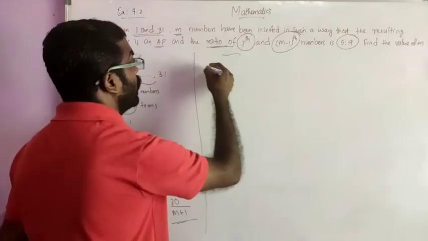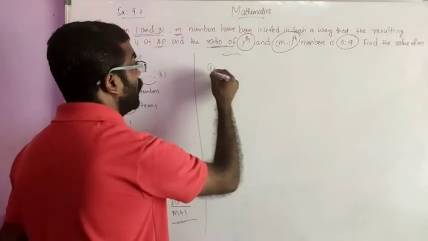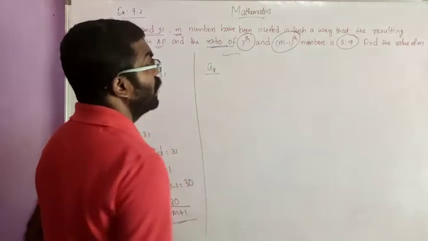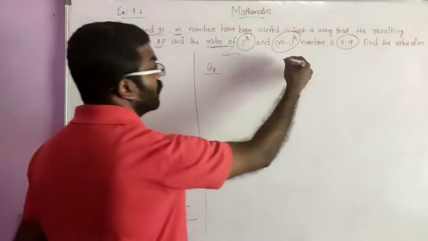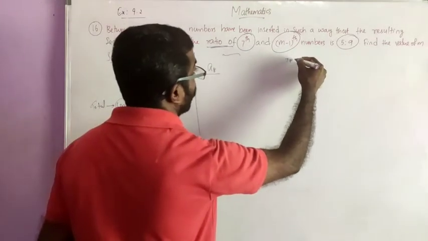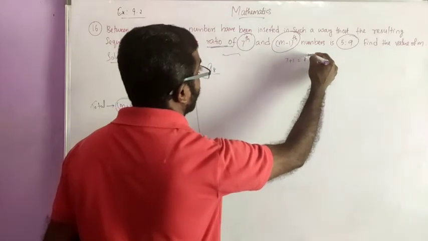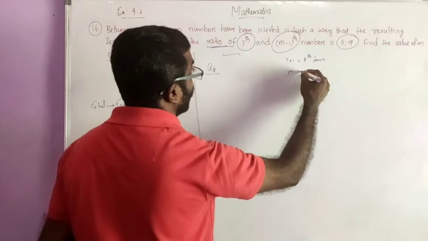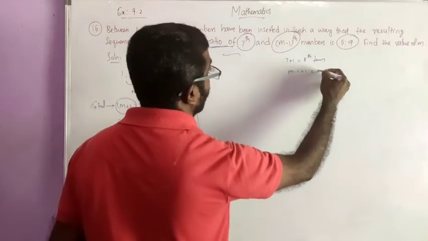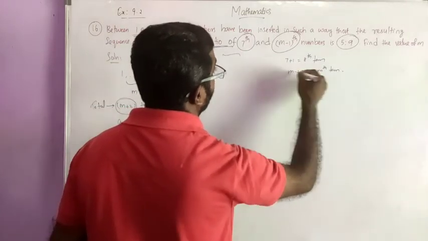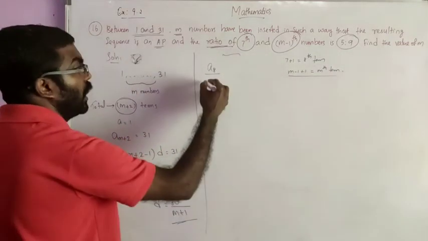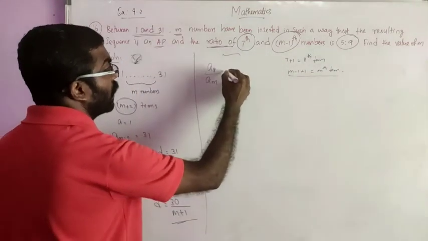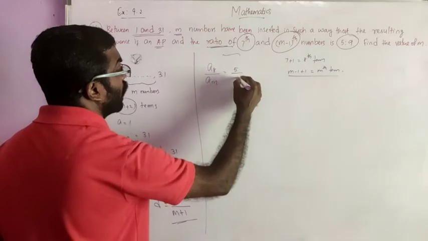You can write the 7th number as the 8th term. Similarly, for the m minus 1th number, m minus 1 plus 1 gives the mth term. So a8 divided by am is equal to 5/9.